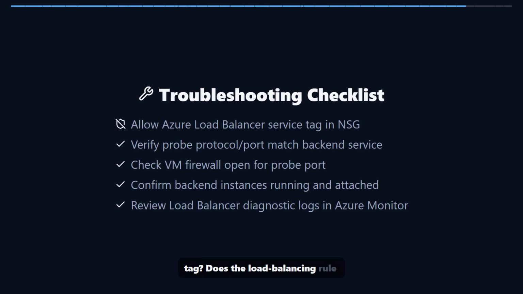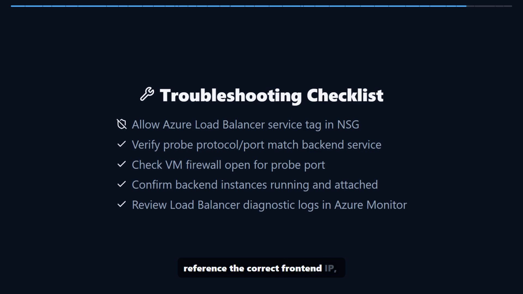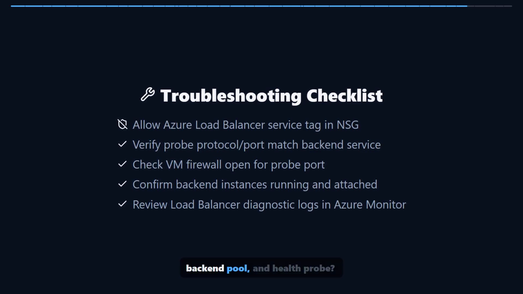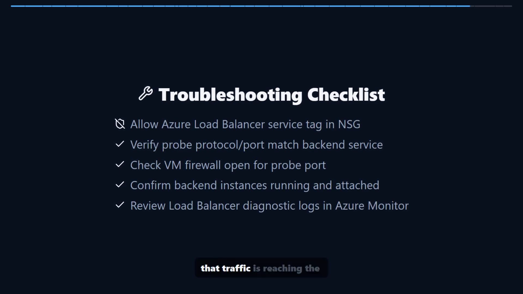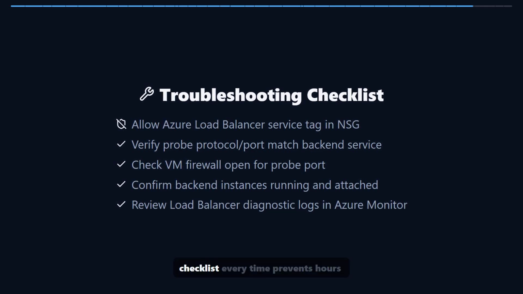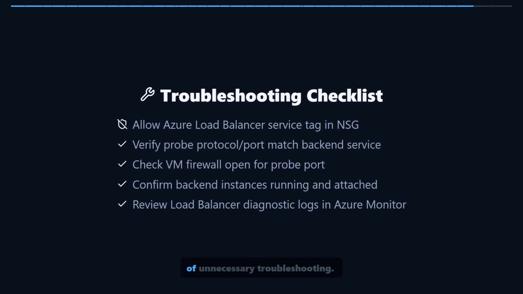Does the load balancing rule reference the correct Frontend IP, Backend pool, and health probe? Finally, use Azure Network Watcher and Azure Monitor to verify that traffic is reaching the backend and identify exactly where communication stops. Following the same checklist every time prevents hours of unnecessary troubleshooting.